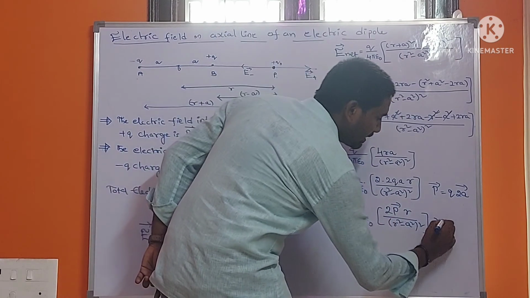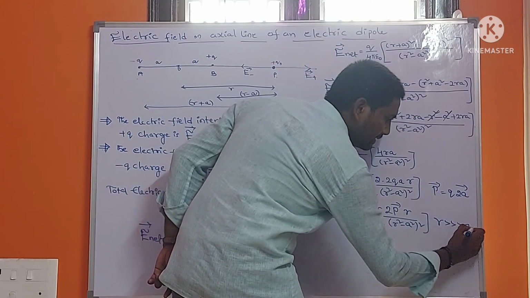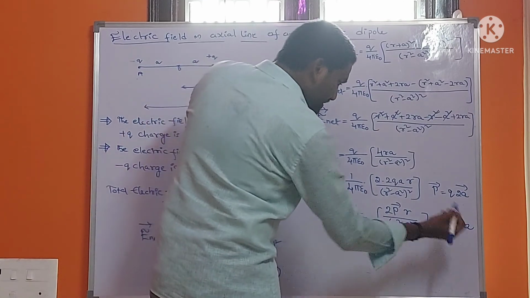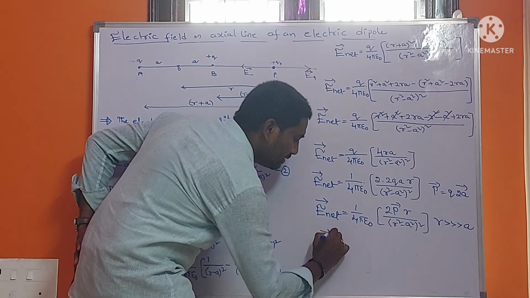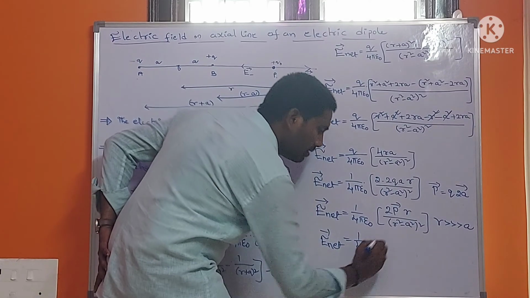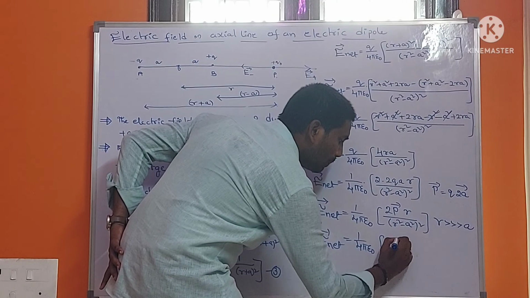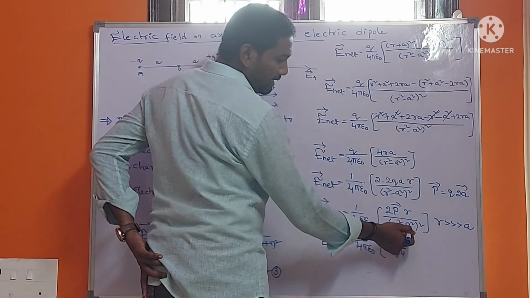Okay, here compared to the R, A is very much smaller, so A is neglected. E net is equal to 1 by 4 pi epsilon naught 2P by R power 4. A is neglected.